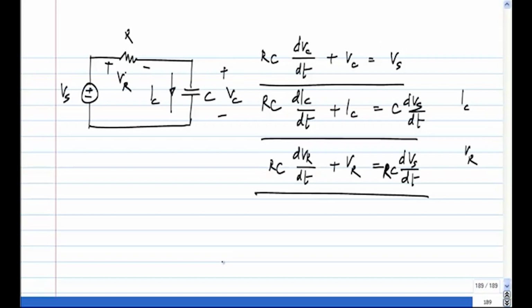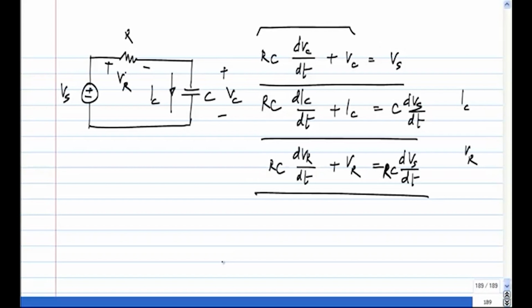Left hand side is exactly the same, right? The homogeneous parts of the differential equation are the same. Okay, and this is a general property of any circuit. Now, earlier we found the solution for the capacitor voltage as Vs plus Vc of 0 minus Vs times exponential minus T by Rc. Okay, now if you look at this, the left hand side is exactly the same.